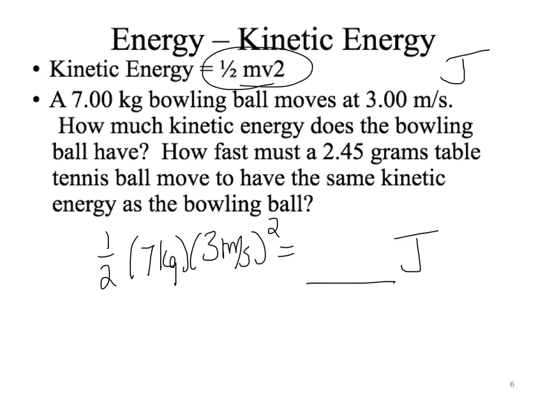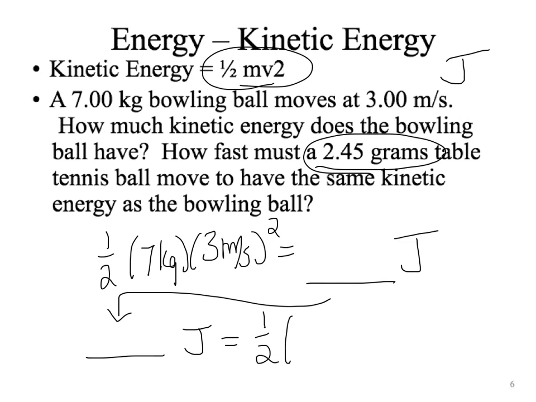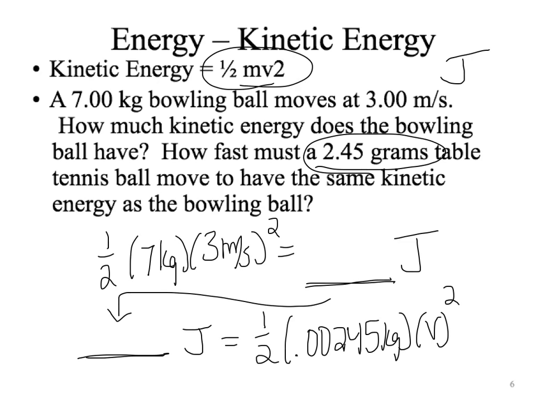Now, if I wanted to know how fast the ping pong ball would have to go, I'd say, well, if I want that many joules of energy, I'm going to have to take that ping pong ball, which is in grams, make sure it's in kilograms, and we would have to find out how fast it would go if I wanted the same amount of energy in both things.